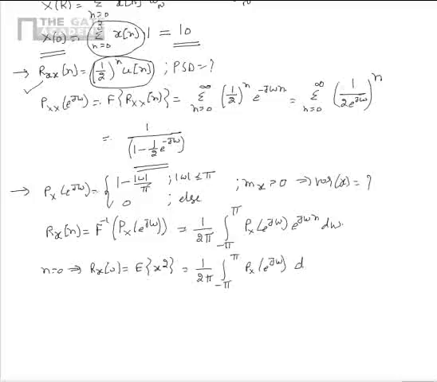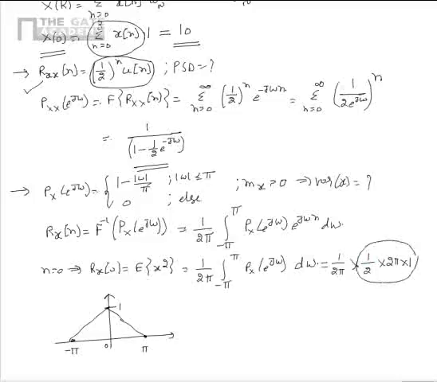Upon plotting Px(e^jω), we see that it's a triangular PSD present in the range of −π to +π, as shown in the figure, with a value of 1 at ω equal to 0. From this, we see that Rx[0] is equal to 1/(2π) multiplied by half multiplied by 2π into 1.